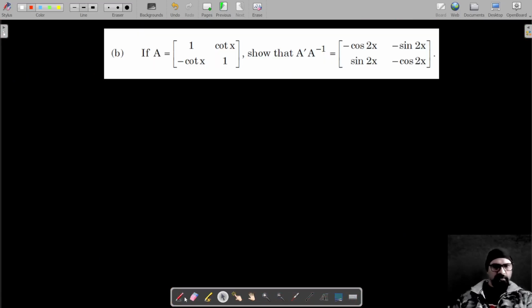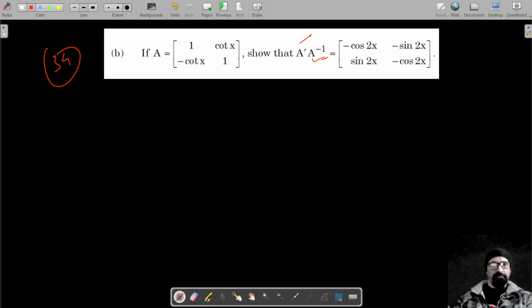Okay, for part B of question number 34, A matrix is given. We have to show that the transpose of A into the product of the transpose of A and A inverse is equal to this. So let's find out the determinant first to check whether the A inverse exists.